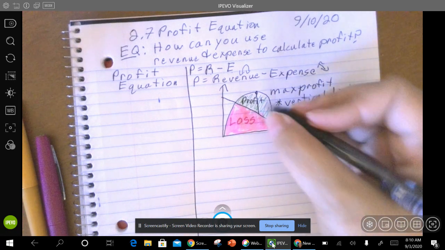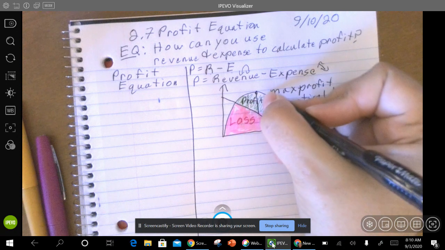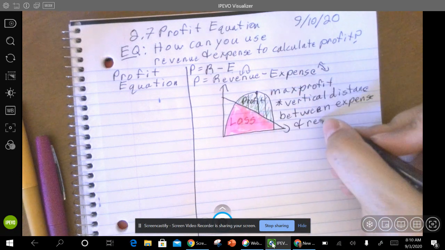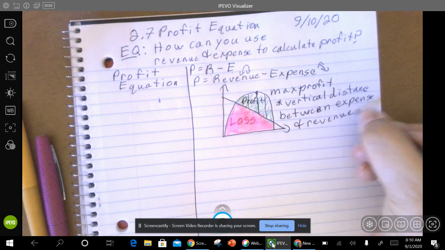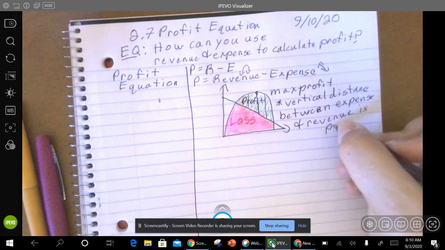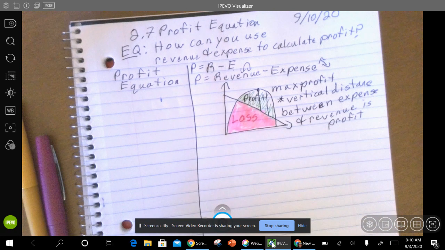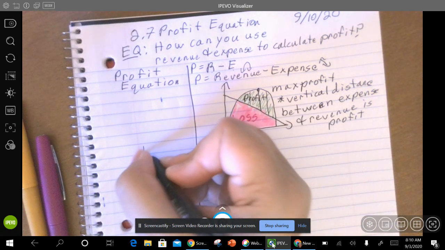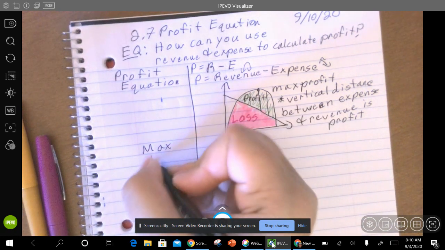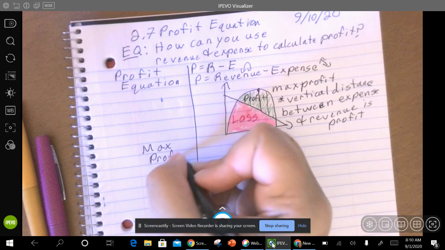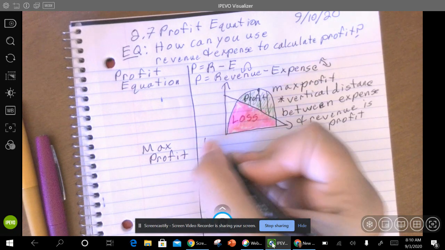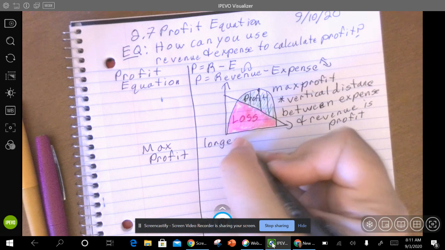So the vertical distance between the expense and the revenue, everybody, is the profit. So the maximum profit, and again, everybody, this is the longest line. I'm doing my best to draw these.